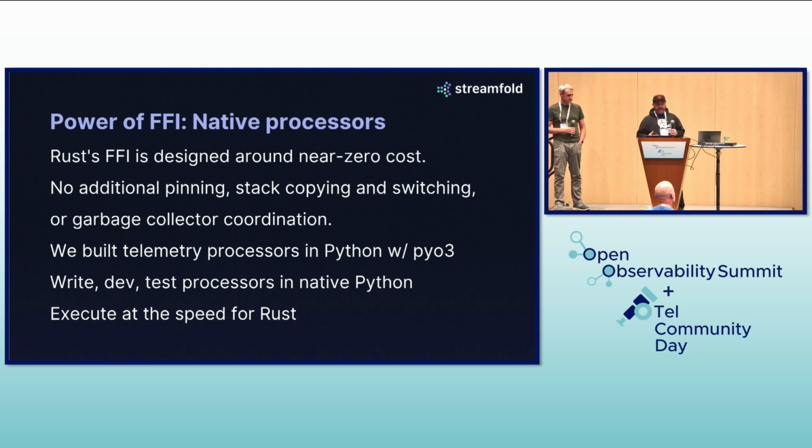When we call out to Python and run your processors, there's very little overhead, so there's not a lot of additional things associated with other languages, for example stack switching, pinning of memory, or coordination with garbage collectors. We're using the PyO3 library, a pretty popular library for integration between Rust and Python.